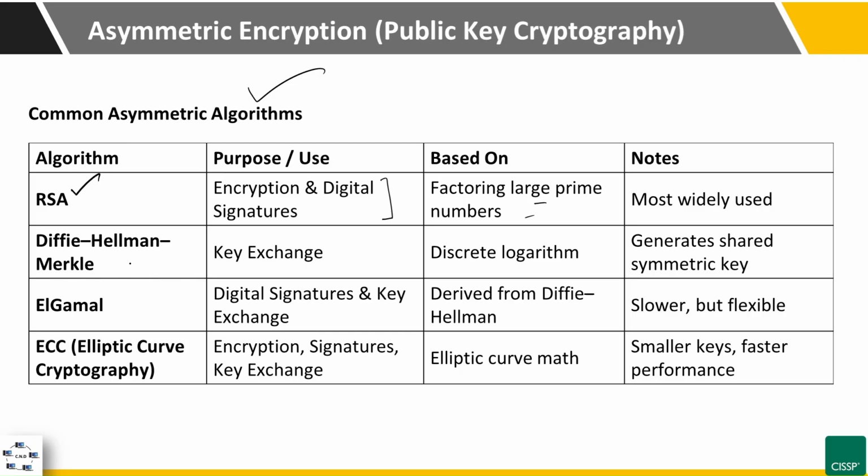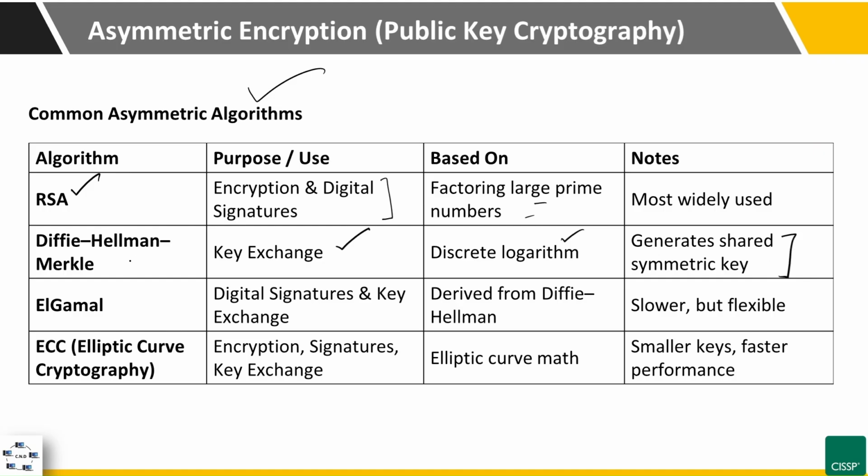Next is Diffie-Hellman-Merkle, which is used for key exchange, and it uses discrete logarithm, and it generates a shared symmetric key. So as we studied, public key cryptography is used for symmetric key sharing or symmetric key exchange.